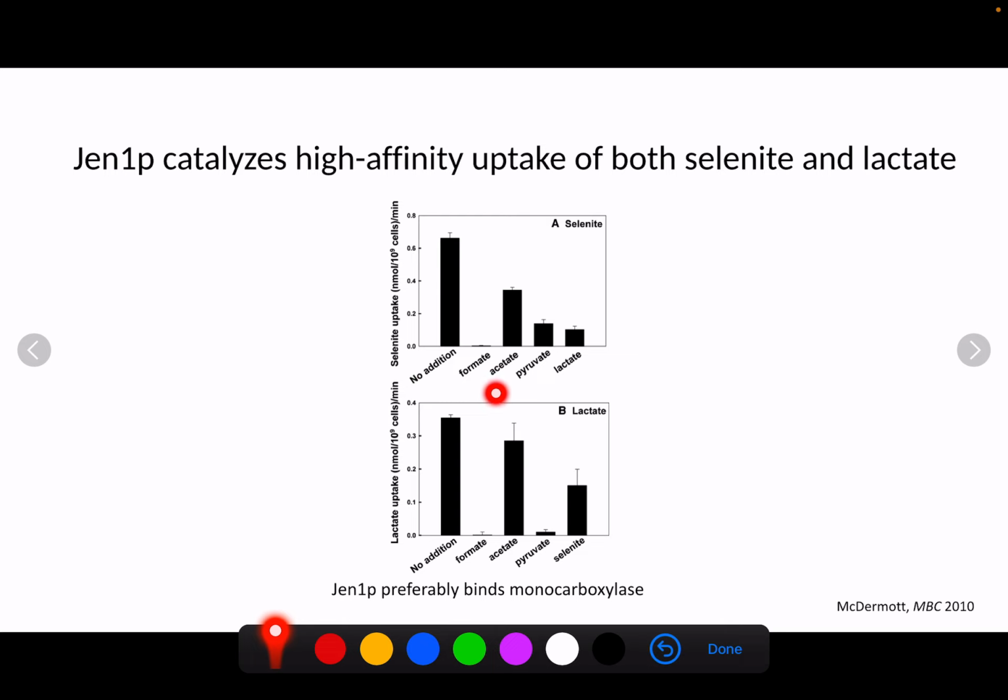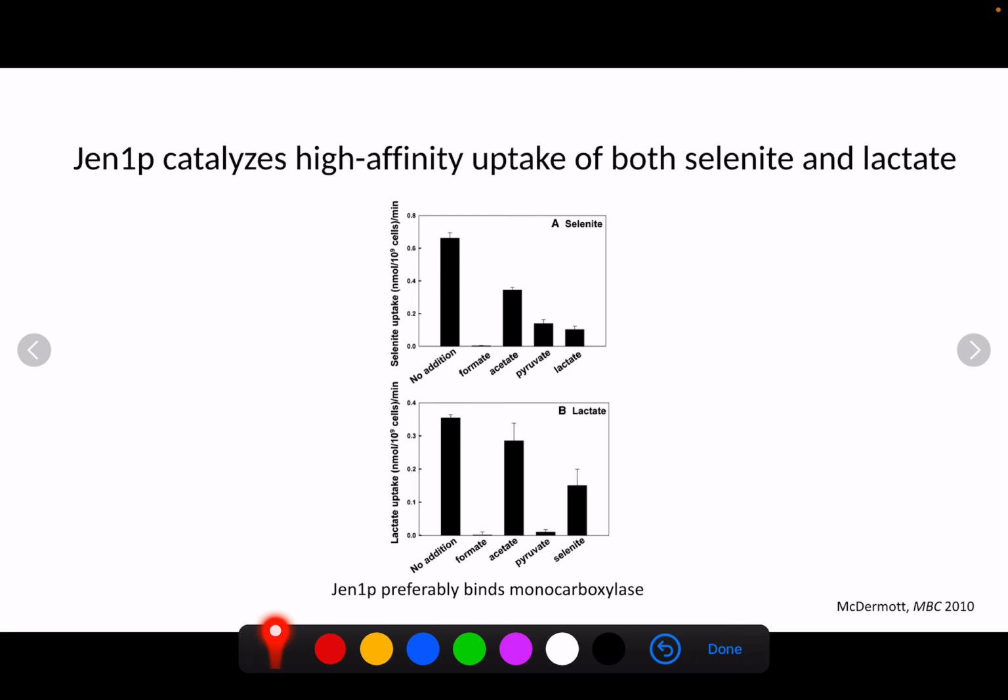However, these monocarboxylates effectively act as competitive inhibitors to selenite and lactate. When they add in the monocarboxylates, the uptake of selenite and lactate decreases, hinting that there seems to be a preferential binding of monocarboxylate over selenite and lactate.